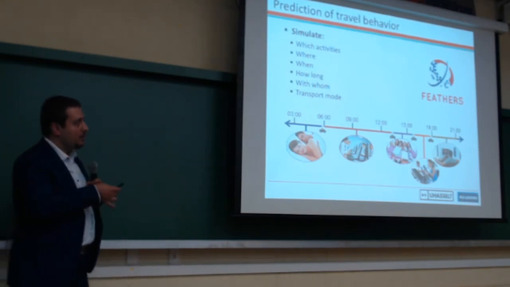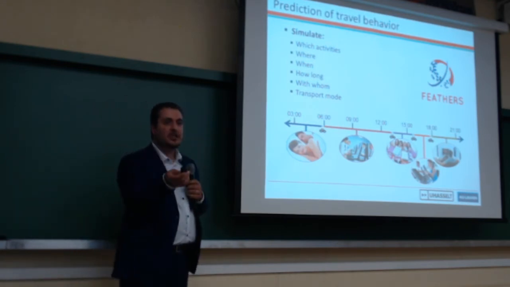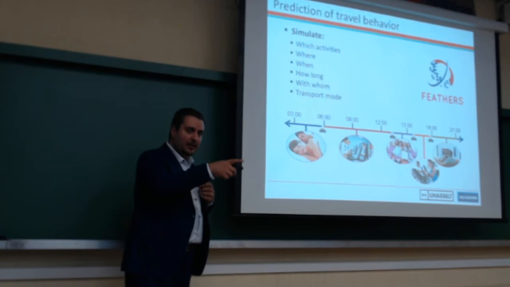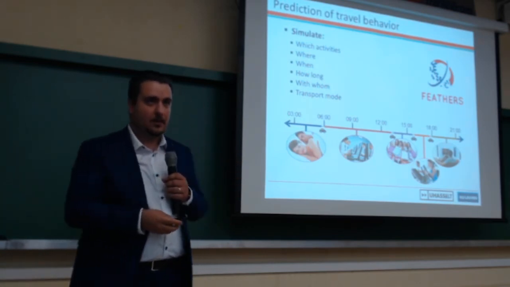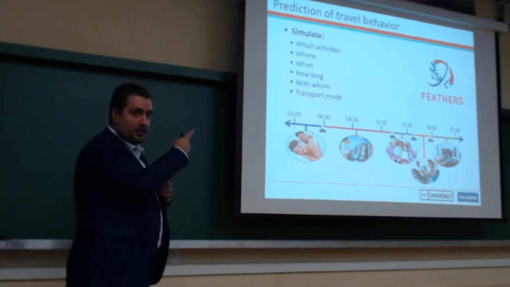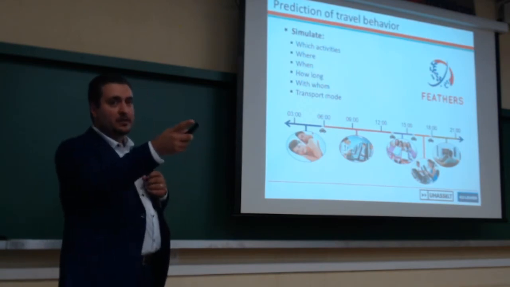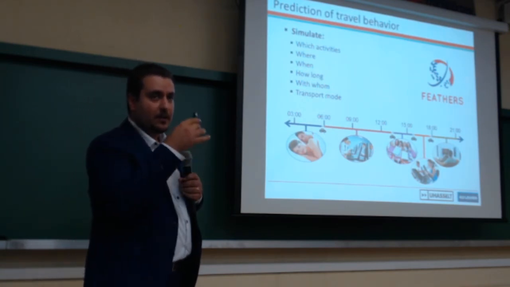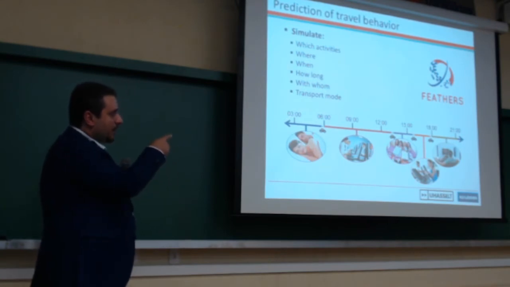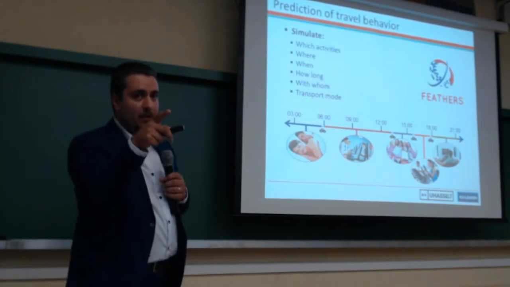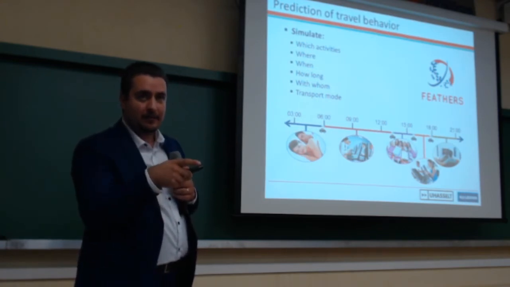So what does it mean? It means that in our feathers model, for each individual, we have the entire schedule for 24 hours, from the moment that he or she is sleeping until the next day. For 24 hours, we have all different activities recorded or simulated, and we basically know what kind of individual is doing what, when, and where, right?